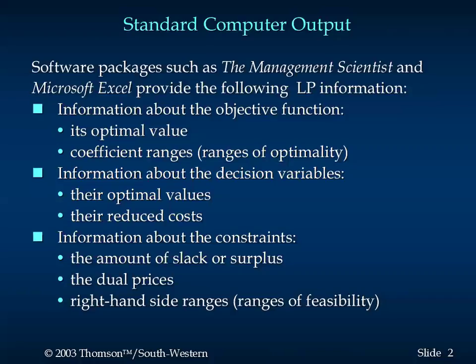And of course, along with that, we have RHS ranges or ranges of feasibility. Just like we had ranges of optimality for objective function coefficients, we'll have ranges of feasibility for RHS bounds. As you'll see, we're only going to look at these two types of changes: changes in objective function coefficients, that gives us this coefficient range, and changes in RHS bounds, or right-hand side ranges, as we say.